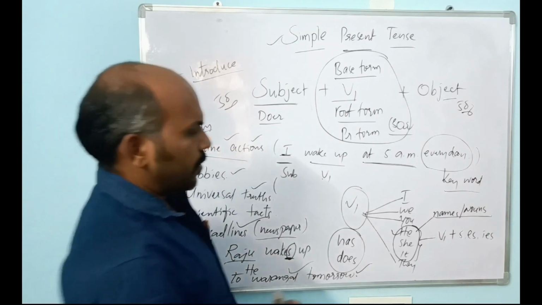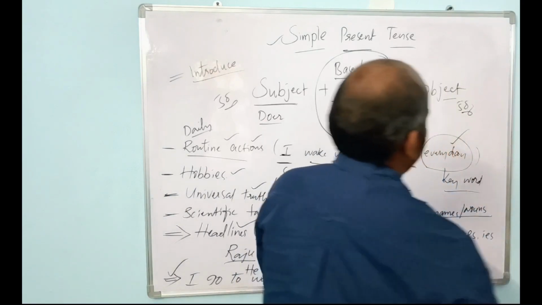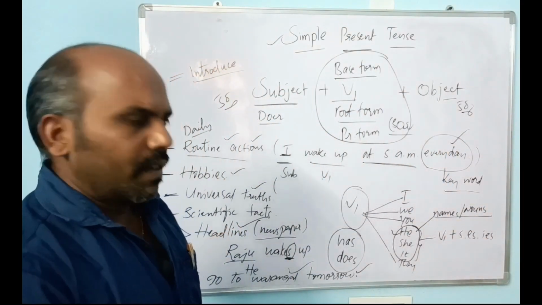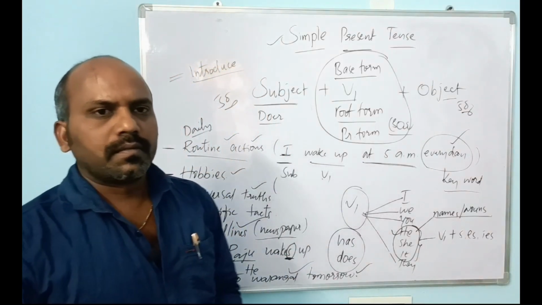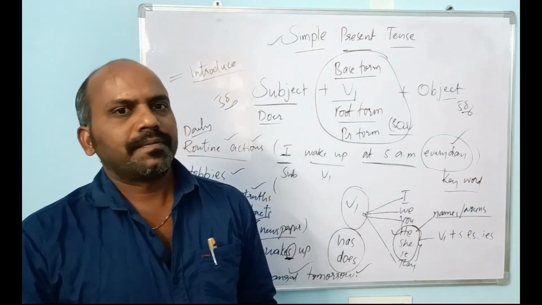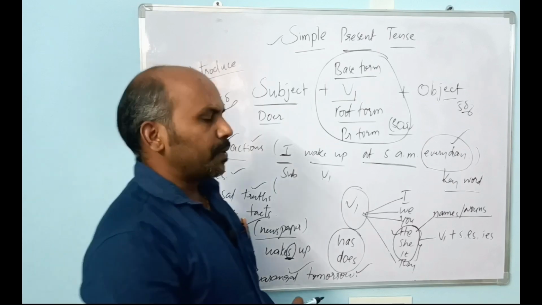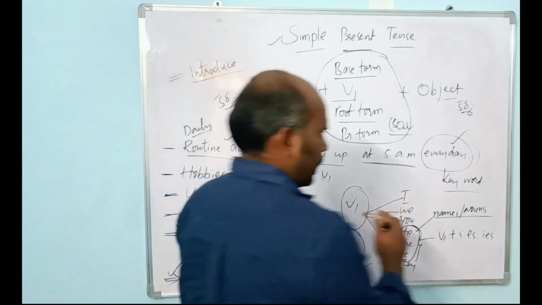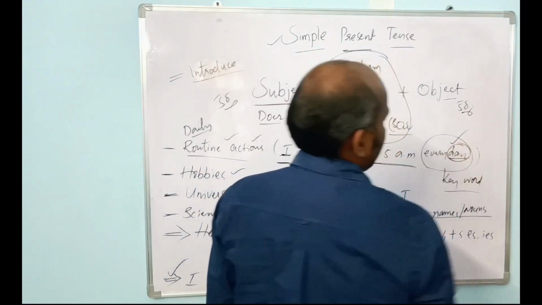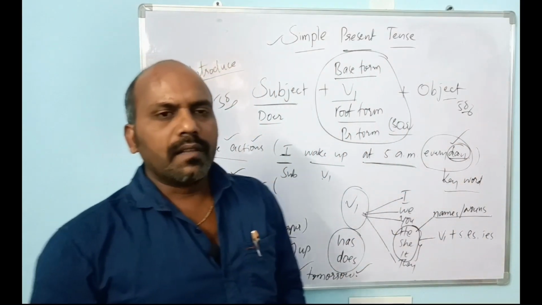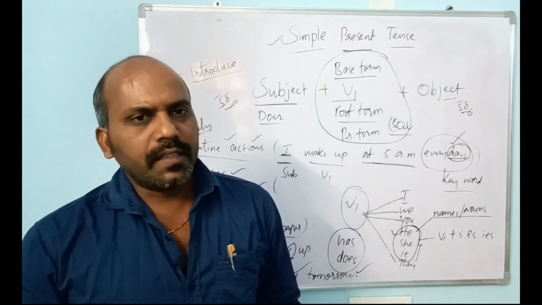And I mentioned keywords here. That is, I go to school daily. I go to school every day. Not only every day; suppose you change the day or place: I visit temple every Friday.